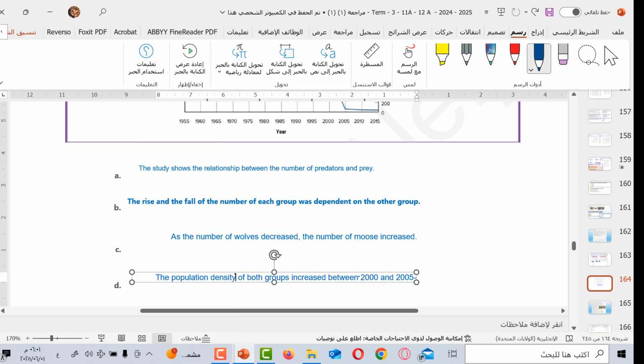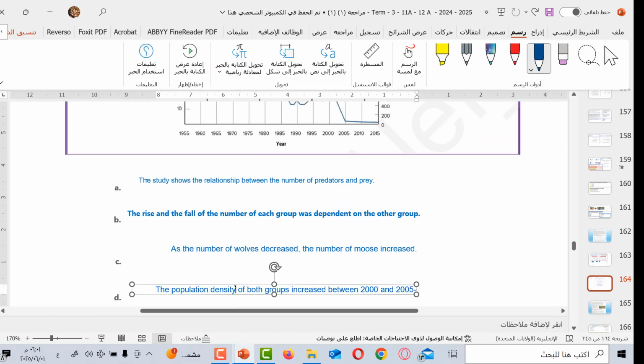Okay, let us see number one. The study shows the relationship between the number of predator and prey. Yes, this is true. We want the not. The rise and the fall of the number of each group was dependent on the other group. Yes. الارتفاع في أي واحدة منهم بيعتمد على الارتفاع في الثانية.